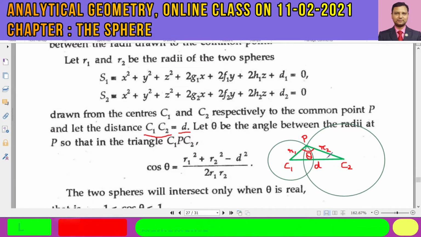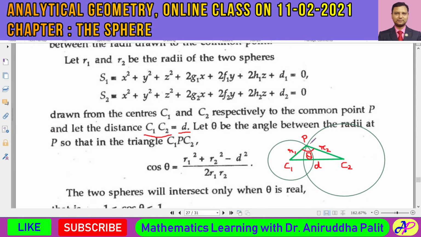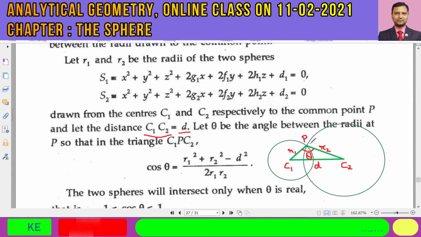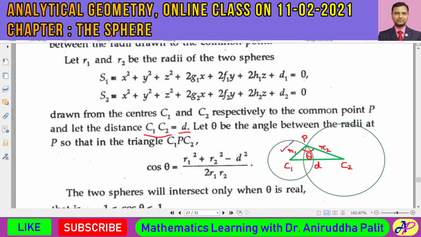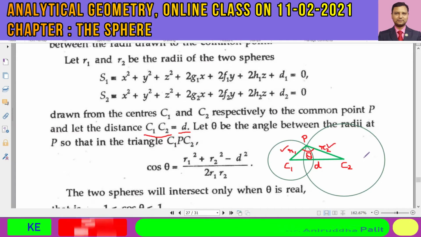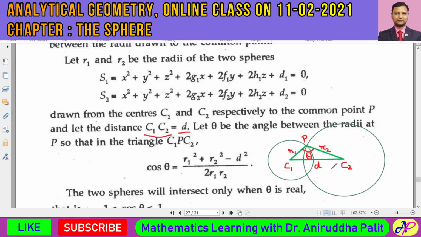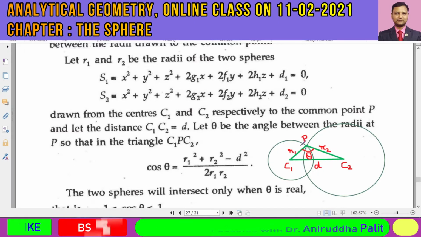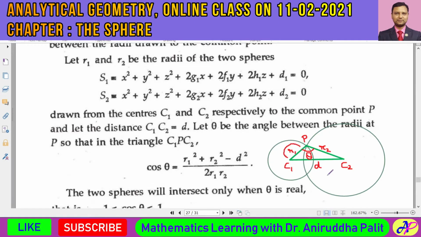The angle of intersection is defined as the angle made by the radii r1 and r2, that is the radius C1P and the radius C2P. So the angle between these two radii is the angle theta between the spheres S1 and S2.